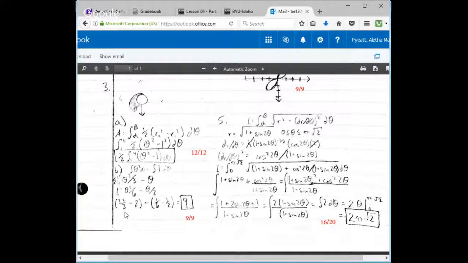1/3 theta cubed minus theta from 1 to 4 all over 2. So 4 cubed over 6 minus 1 cubed over 6.